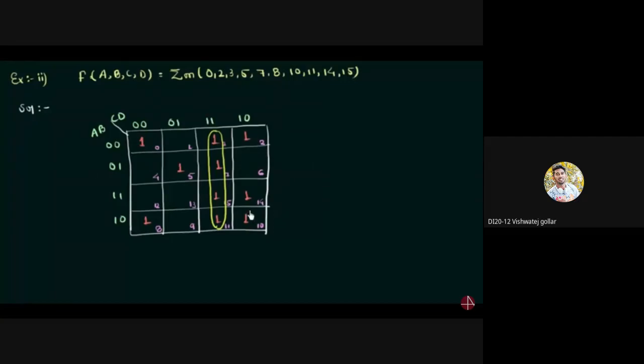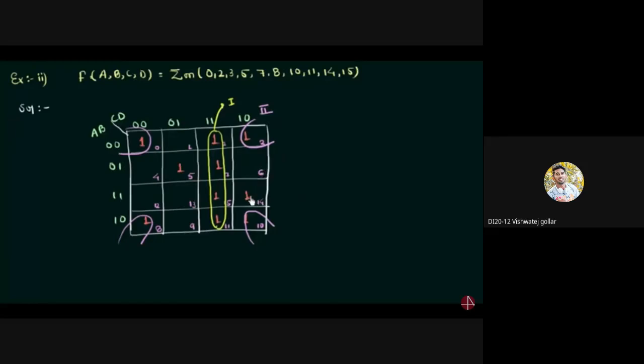Now after this, you can pair these 4 ones, this one, and these 2 ones. So this is your second prime implicant. This one was your first prime implicant.